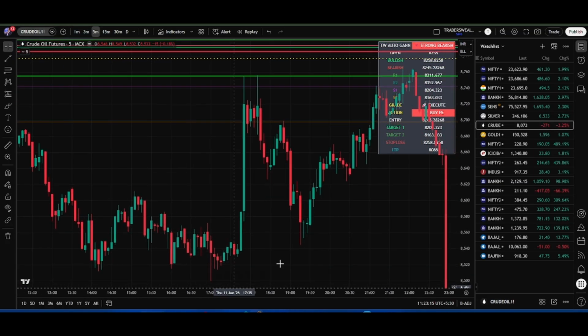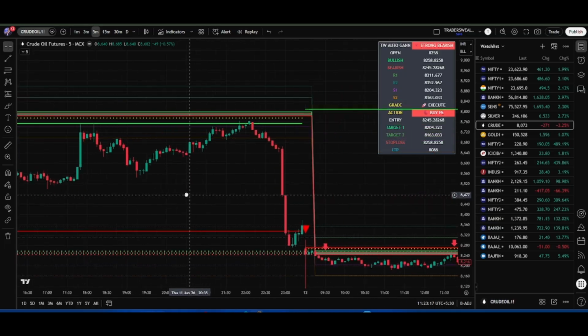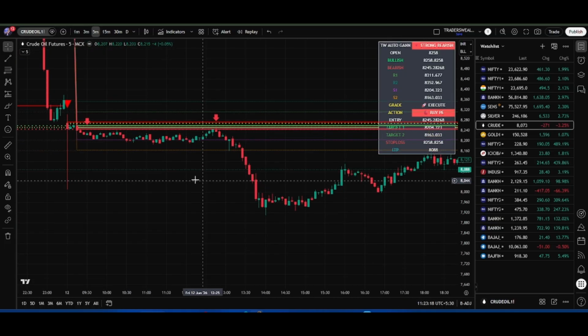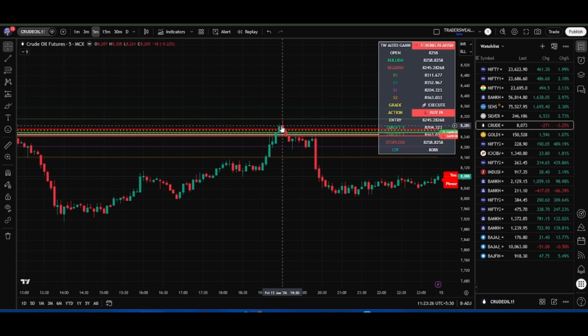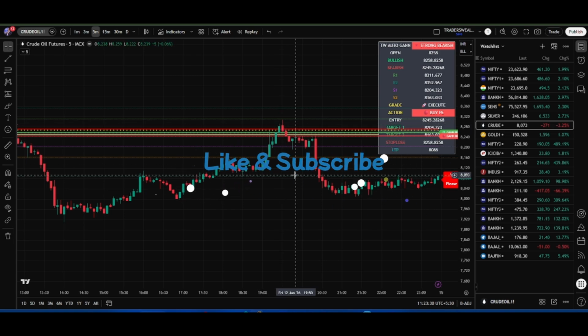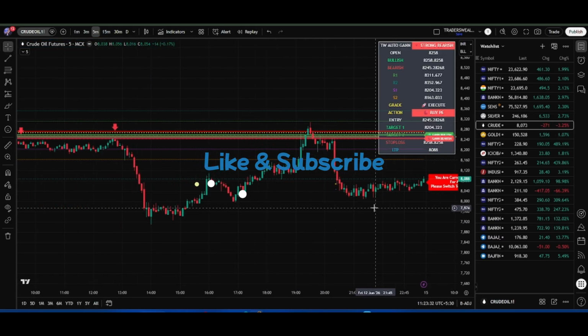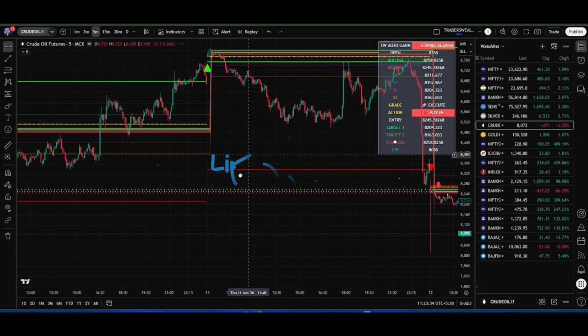I have explained how well these Gann levels are perfectly working. On Friday, you can see there is a rejection here. There was a rejection here, then it went up to about 7:30. It went up and there were no green candles. It came down, and you can see the same on any other day.